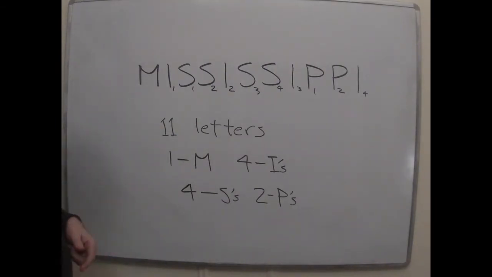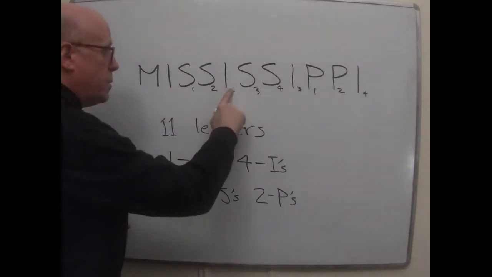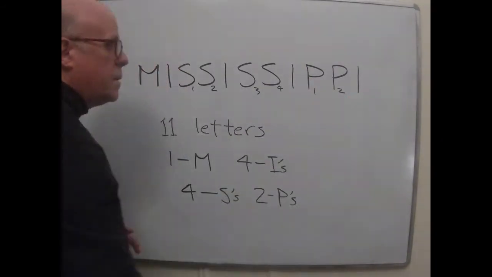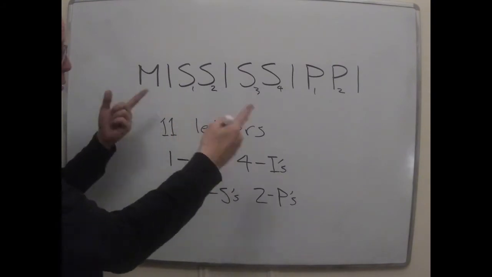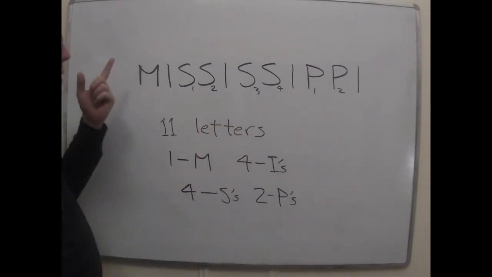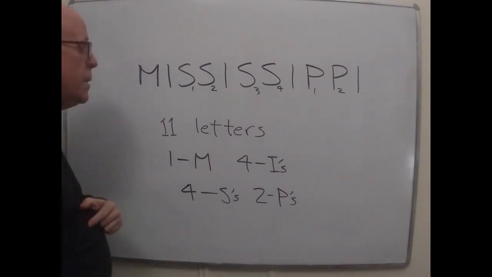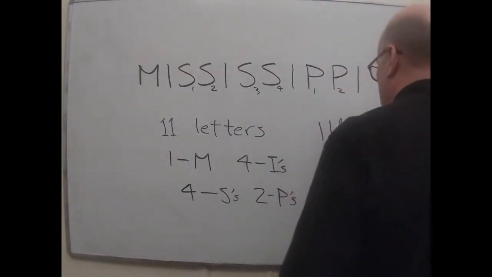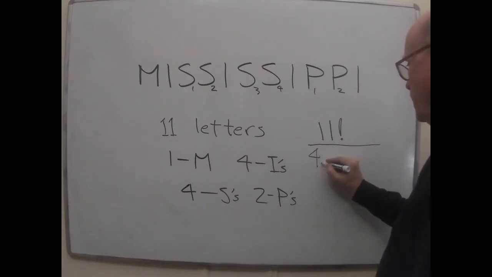Then you ask yourself, well, how does the count change if I erase these subscripts? There are 24, that's 4 factorial, different permutations of the original things that look the same now that I can no longer tell the I's apart. So we would take 11 factorial and divide by 4 factorial.